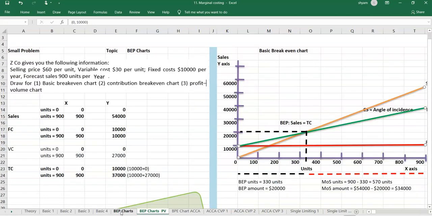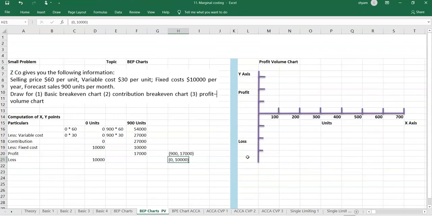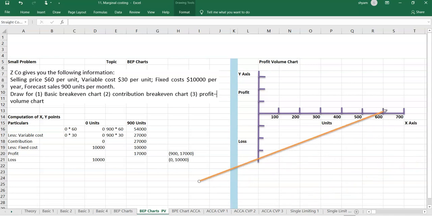So first we'll mark at the 0. This is the 0 units. At 0 units, we are going to get a 10,000 loss.